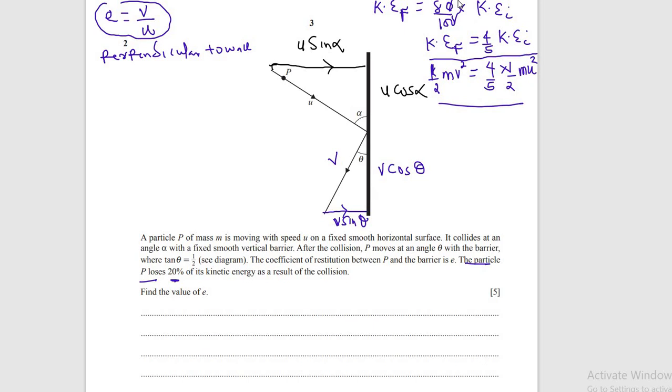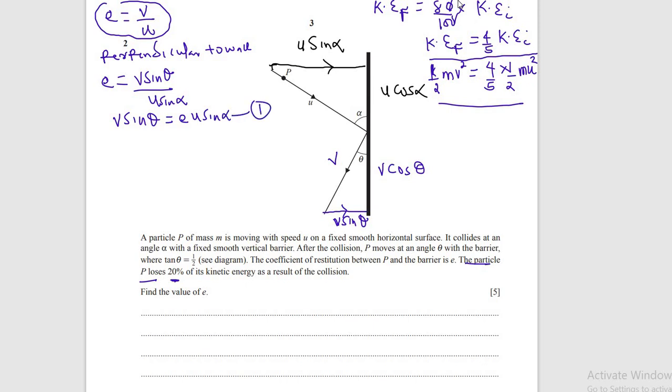So in this case, perpendicular to the wall, final is v sine theta, right? Initial is u sine alpha. So v sine theta will be equal to eu sine alpha.